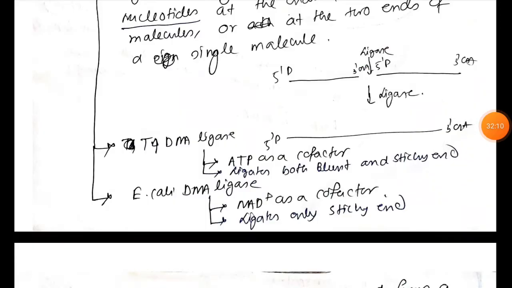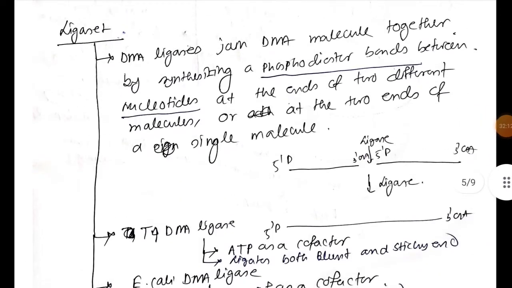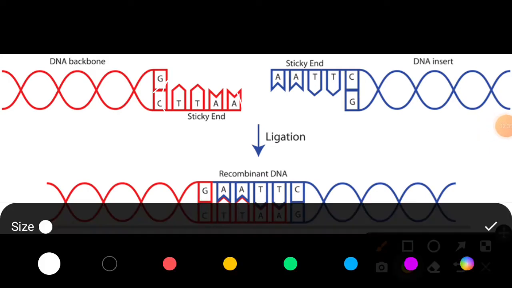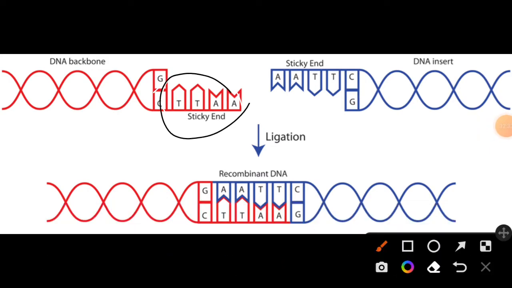So now, DNA ligase joins DNA molecules together by synthesizing a phosphodiester bond between nucleotides at the two ends of two different DNA molecules, or in some cases at the two ends of a single molecule. You can see in that picture it joins nucleotides by forming a phosphodiester bond between them.